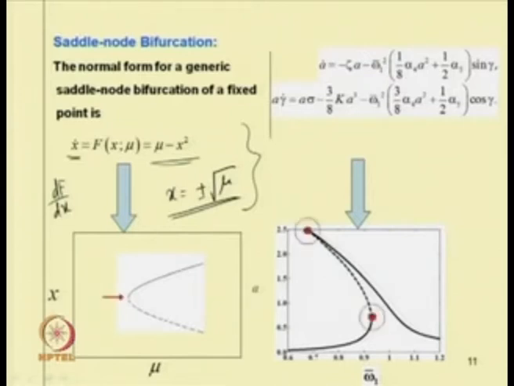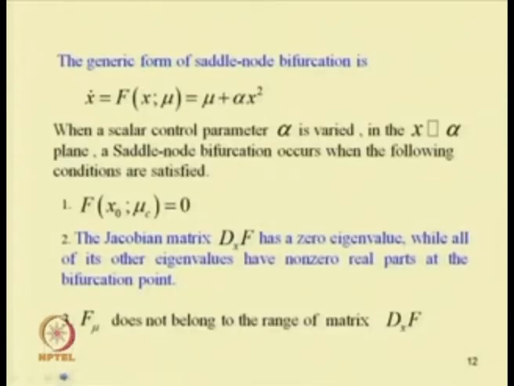So, as one of the eigenvalues becomes 0, this is a static bifurcation point. In the static bifurcation point, to know whether it is a saddle node bifurcation point or not, these are the conditions. It has to satisfy, as we already know, the generic form of the saddle node, which is mu plus alpha x square. When this control parameter is varied in the x versus alpha state plane, a saddle node bifurcation will occur if f of x 0 mu becomes 0.